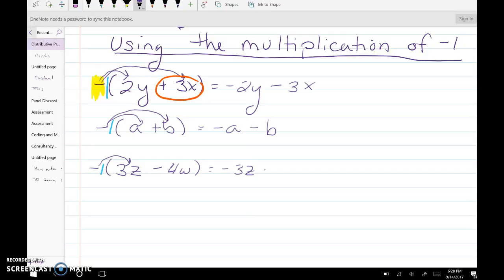And then we have negative 1 times negative 4w, because again, that negative sticks with the 4w. Now, a negative times a negative is a positive. That's right. So this is really positive 4w. How about some problems to practice?